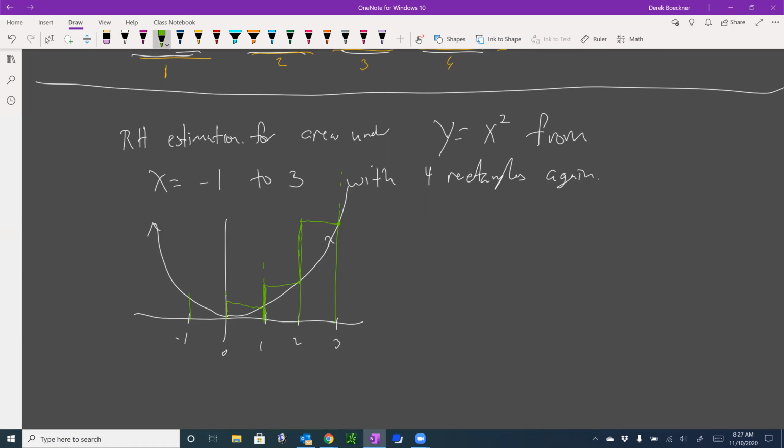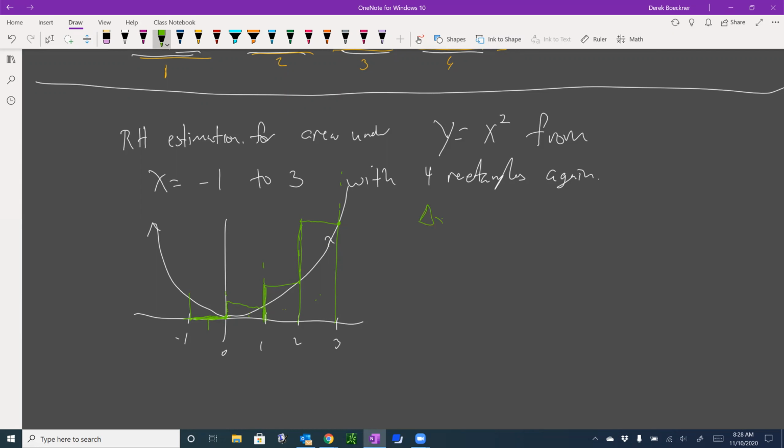This one at 0, there's not actually really a rectangle there because the vertical bit crosses the function right at 0. So the right-hand rule says that this rectangle is 0 height. That's fine. So I have these 3 rectangles and this non-rectangle to add up their areas.